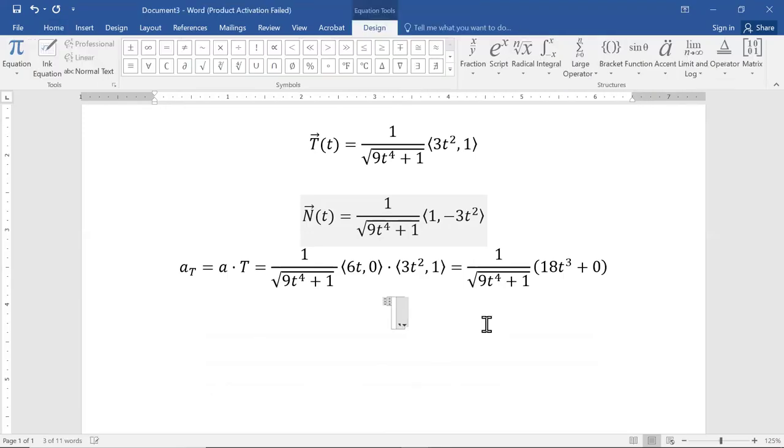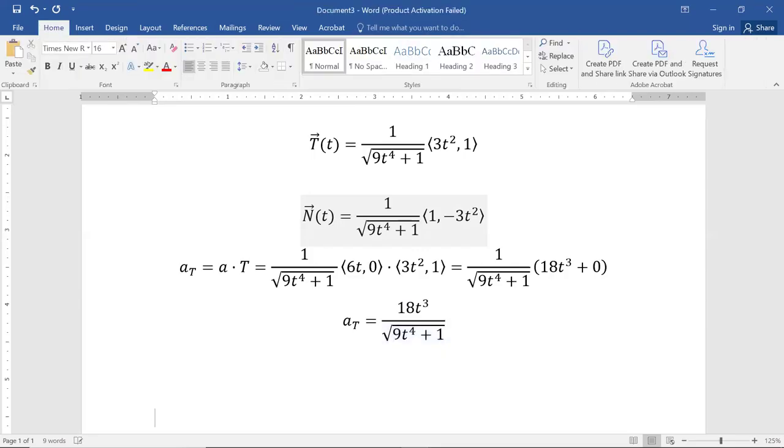So that means my a sub t coefficient, again, this is going to vary by what value of t I plug in, but it's going to be 18t to the third divided by the square root of 9t to the fourth plus 1. So that's the dot product calculation of a sub t.